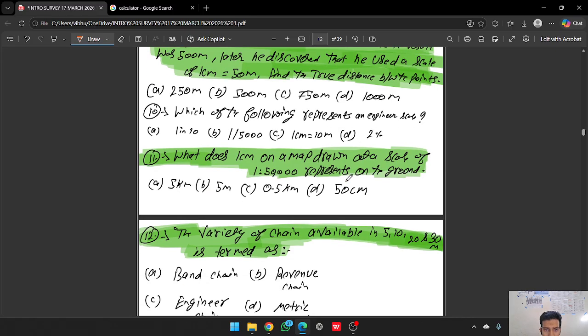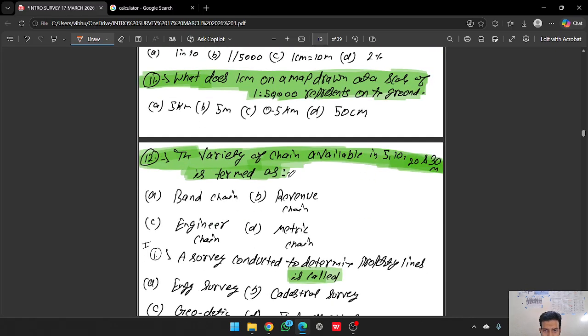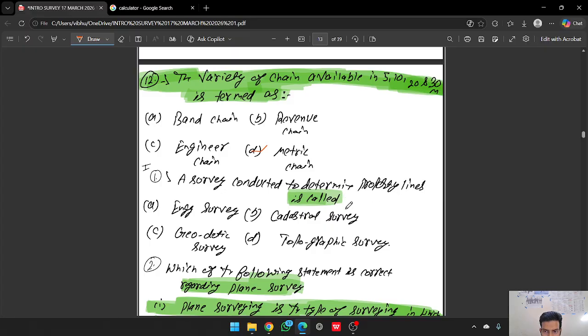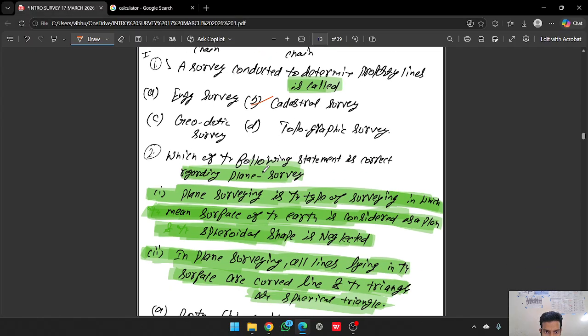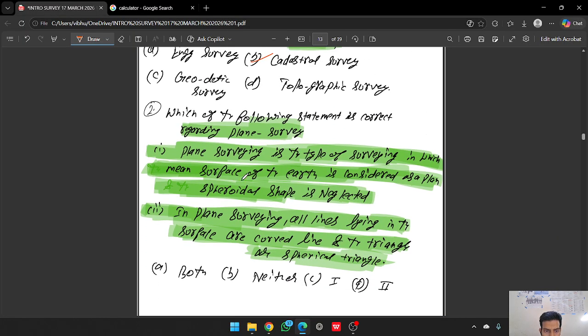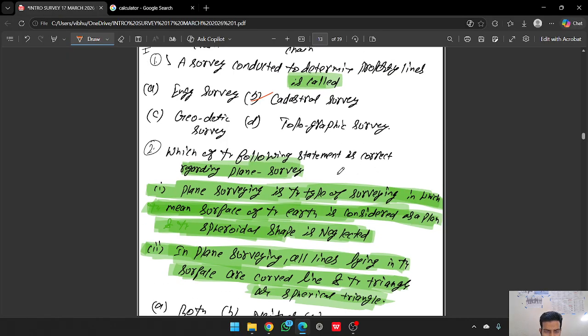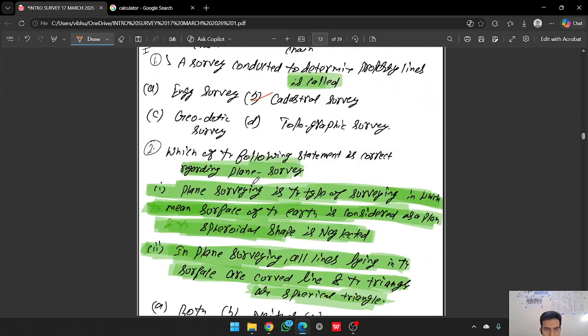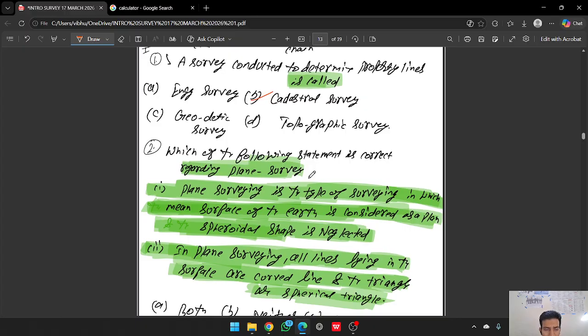Now see which one with the variety of ground level. Now you can see this here. Which of the following statement is correct regarding plane survey?